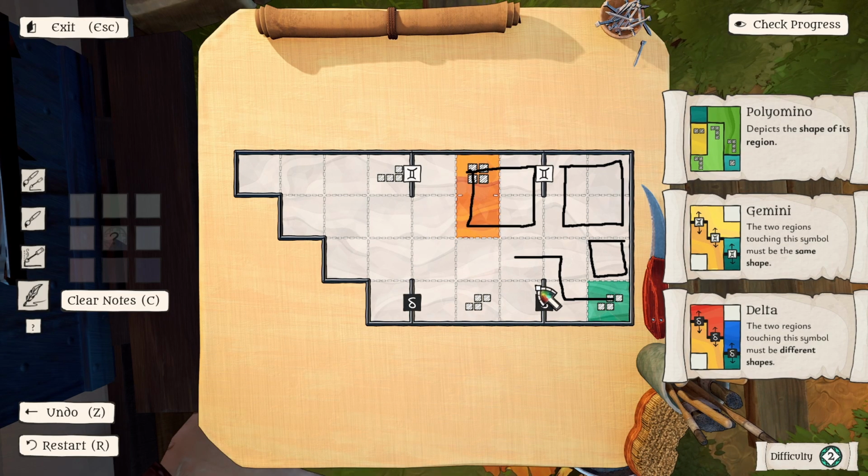Now this would have to be also single. There's nothing about a delta here though. So this could go like that. No, okay. Okay, that right there.